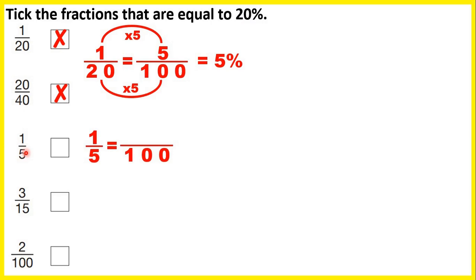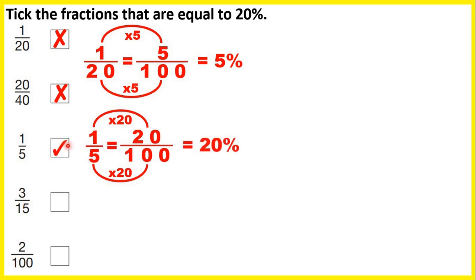Now we have 1/5. 5 times 20 is 100, because 100 divided by 20 is 5, and then 1 times 20 is 20. So because 1/5 is equal to 20 hundredths, that means that it's equal to 20%, so we can tick 1/5.